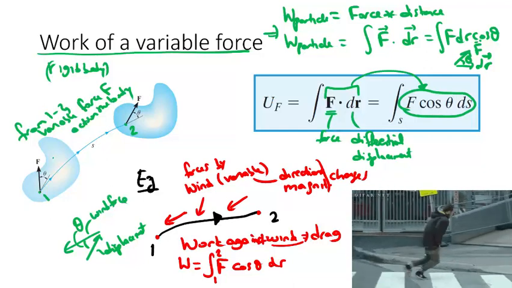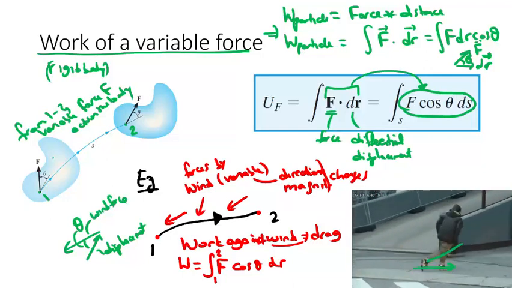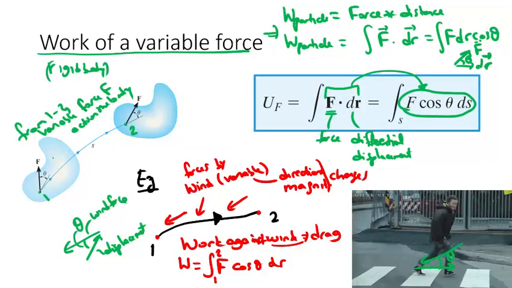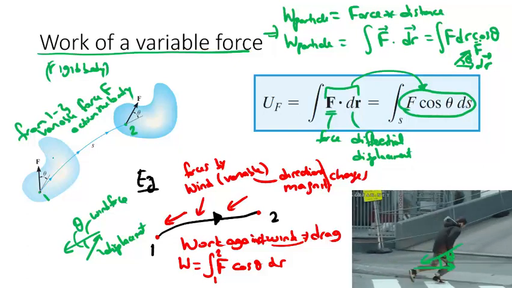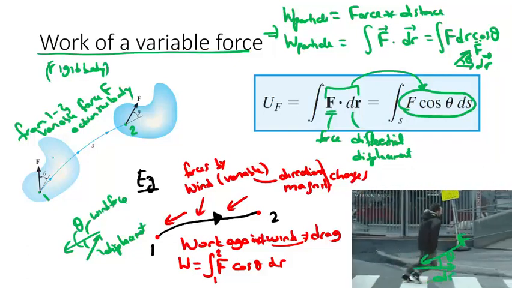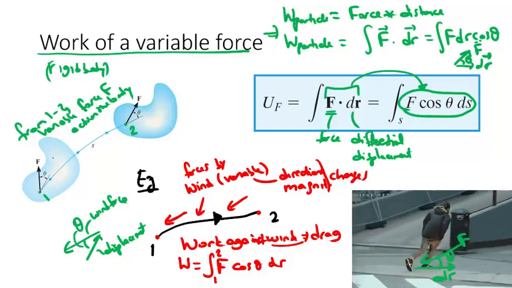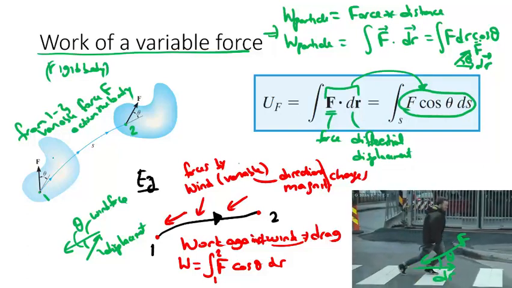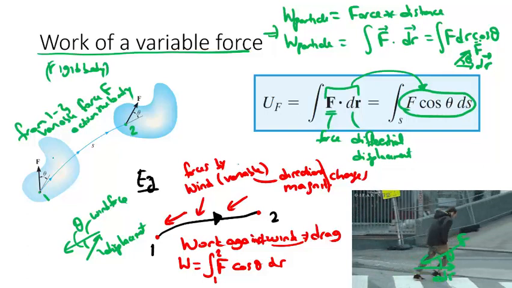You go this way, the wind blows that way, and that's the theta angle that acts on you. This is F, and this is dr, and work is F dr cosine theta. That's all for the variable force.